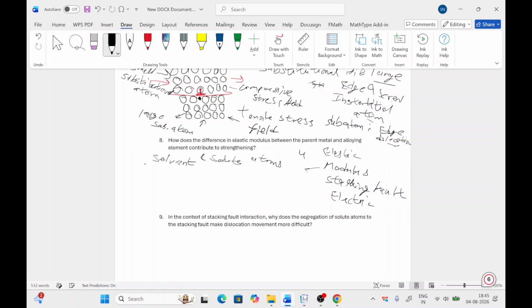Okay, so from these four, modulus interaction means the solvent and solute atoms have different modulus.